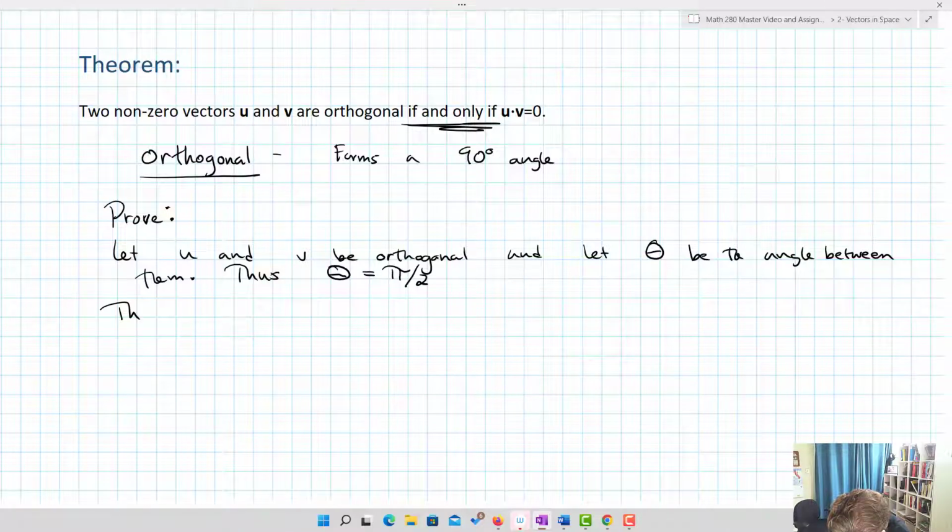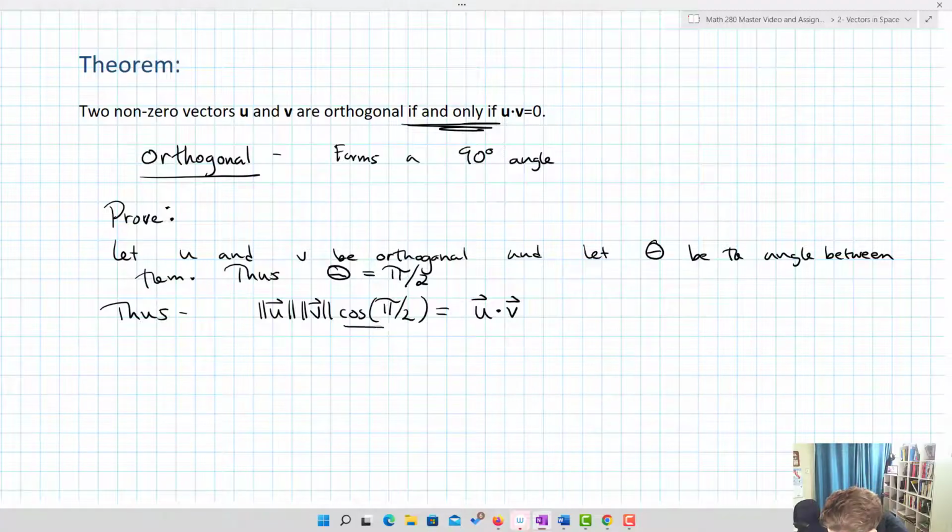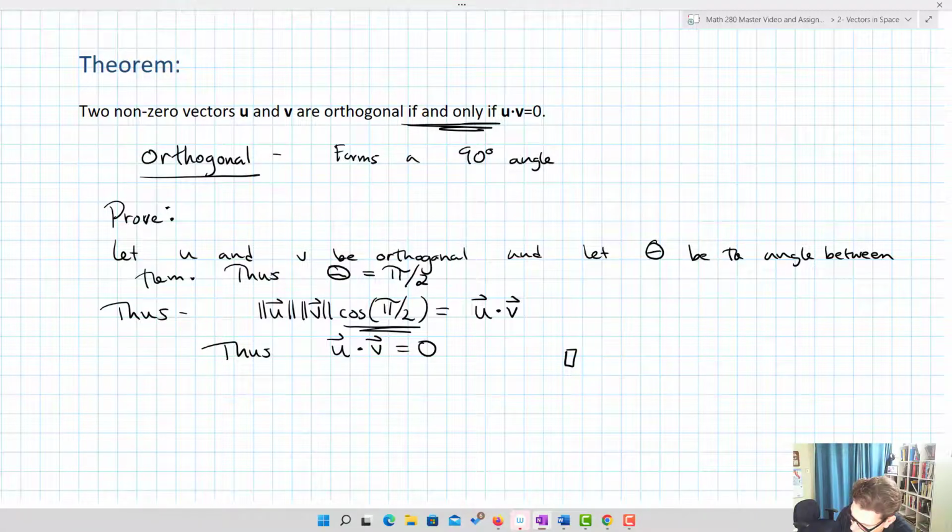Thus, remember we have this equation: the magnitude of u times the magnitude of v times cosine theta, or cosine in this case of pi over 2, because that's what theta is equal to, equals u dotted with v. Now we know that cosine of pi over 2 equals 0, so consequently u dot v equals 0, and we're done with that part. With just that part, we started out with the two non-zero vectors being orthogonal. Okay?